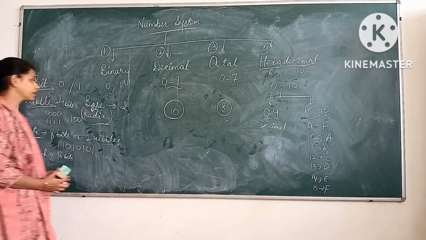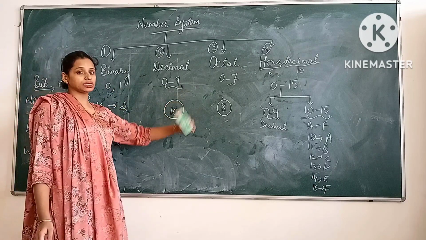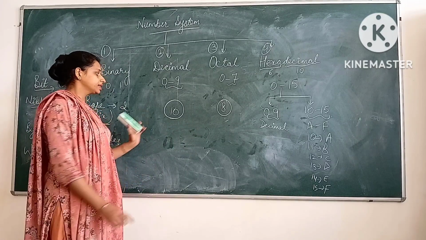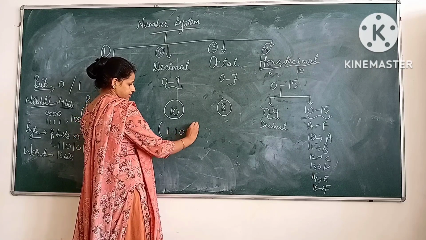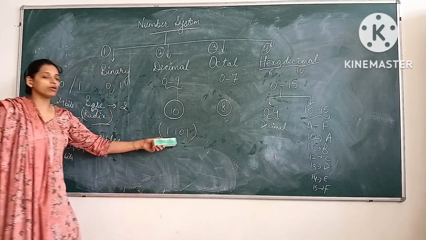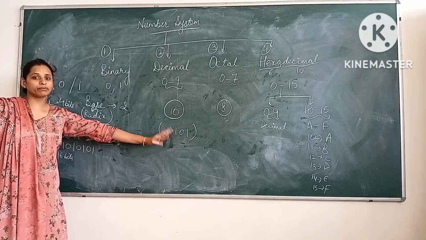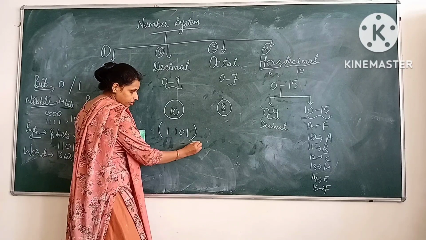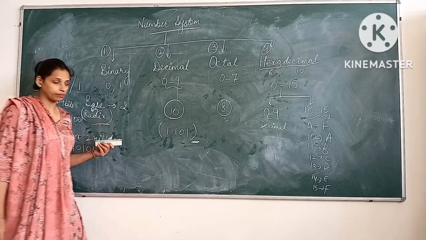Now, these are the types of number system. How do we identify that the given value belongs to which number system? Here we have to write the base of the number system.